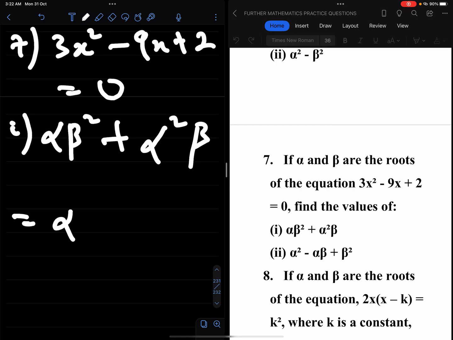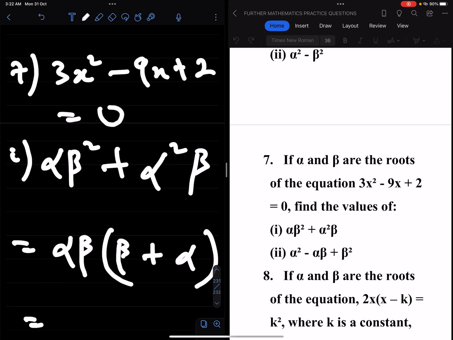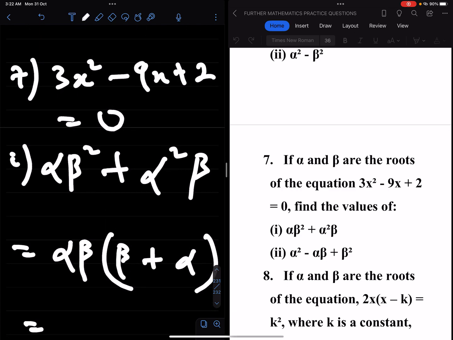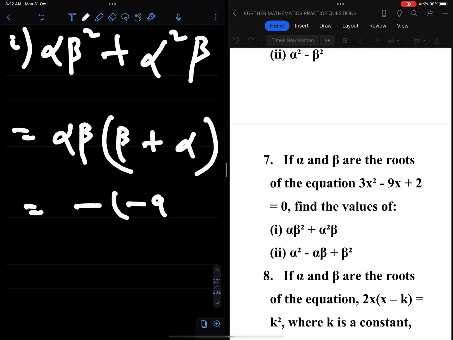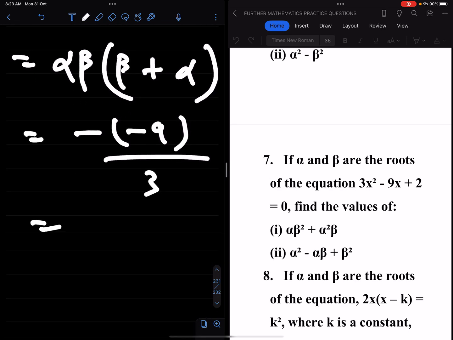That's the same as alpha beta into bracket beta plus alpha, which is alpha plus beta. From the equation given, alpha plus beta is minus b over a. A is 3, b is minus 9, and c is 2. And this simply means 9 over 3, which is 3.